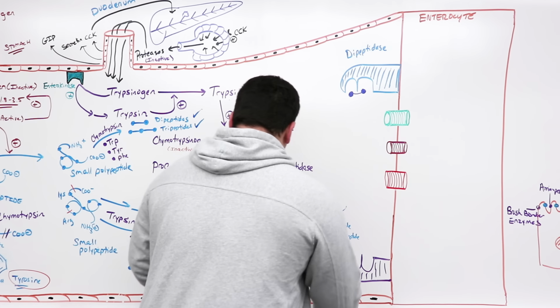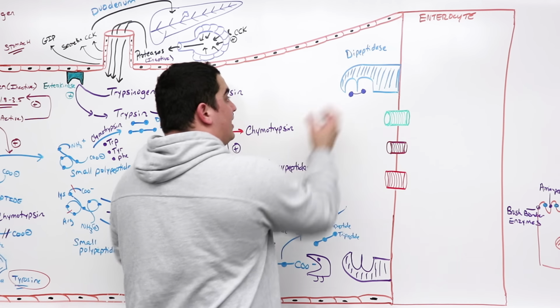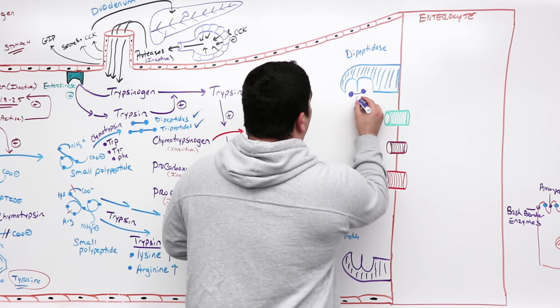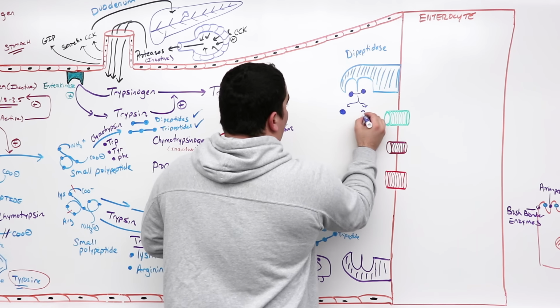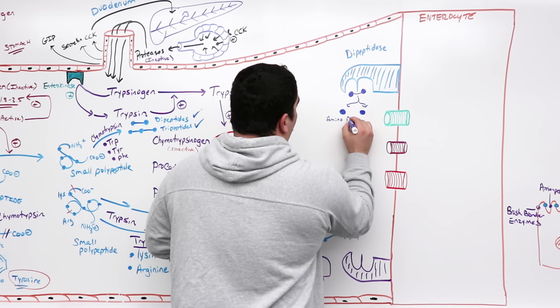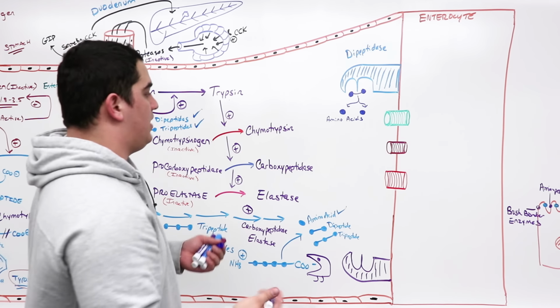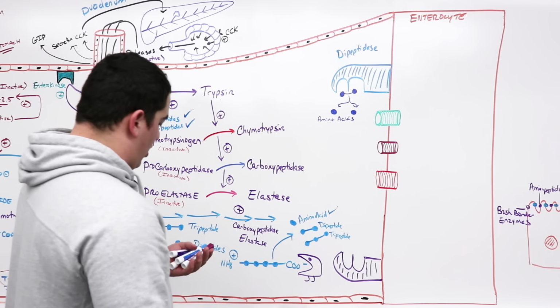What the dipeptidase will do is, it's on that microvilli, it's going to bind onto these dipeptides and break the peptide bond. When it breaks the peptide bond, it's going to release 2 individual amino acids. So these are going to be my amino acids. It's that simple. That one is a really easy one. Not too hard to digest on that one. No pun intended. All right?